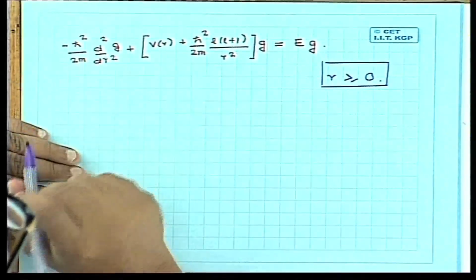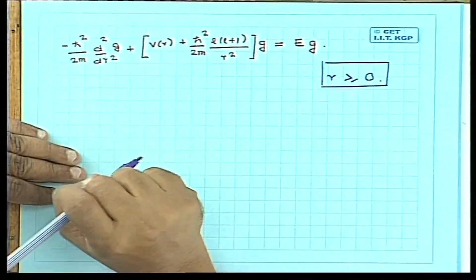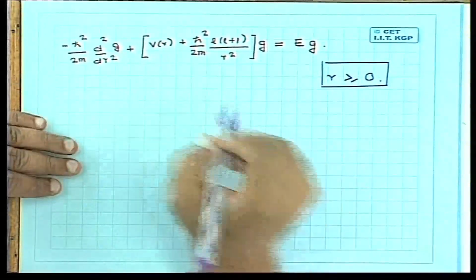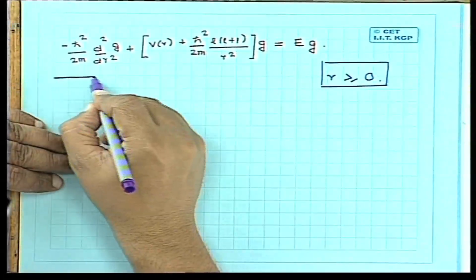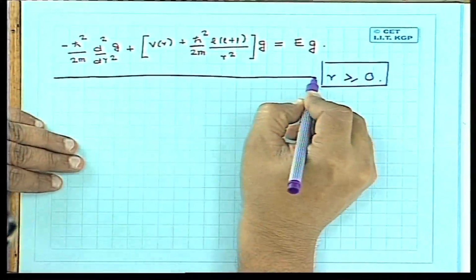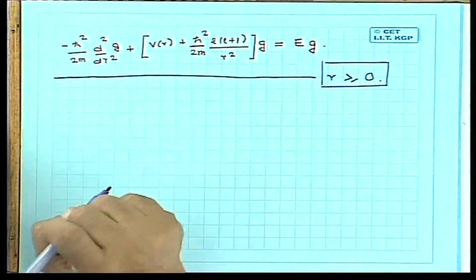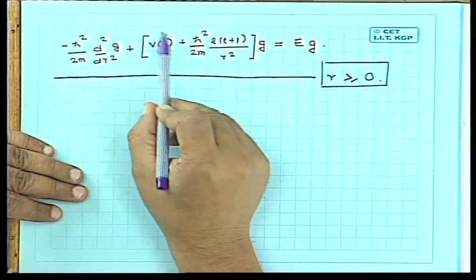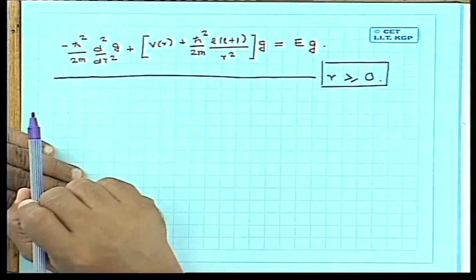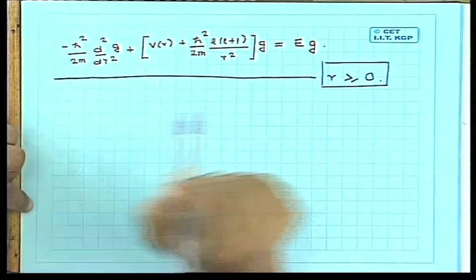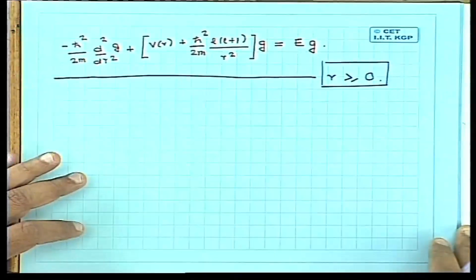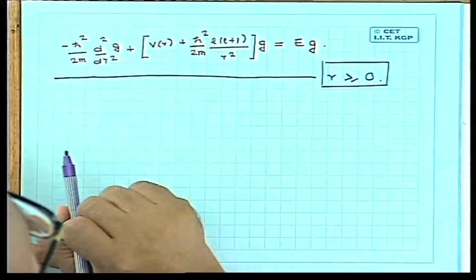This is the first simplification which can be made. Now we are going to focus particularly on the hydrogen atom problem, where the nature of the potential we know is 1 by r. But before going to that, let us just consider some generic features.